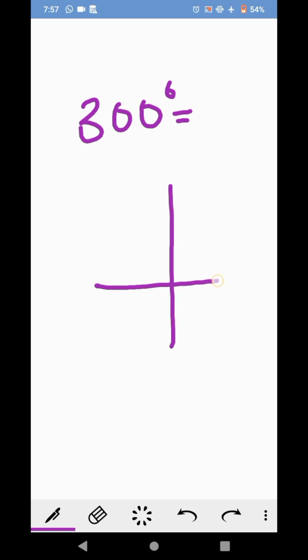Let's say we have 300 degrees. What will it be as compass bearing? 300 degrees is in the fourth quadrant, which is between the west and the north. Remember from our previous class, this direction is 315.